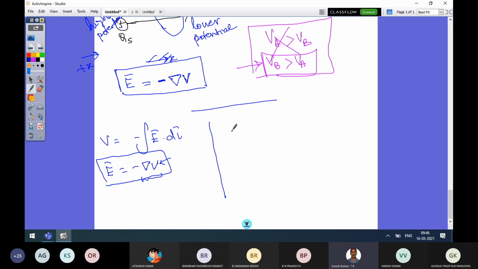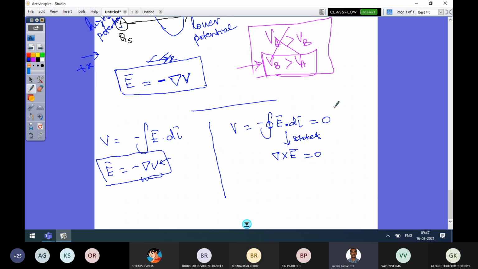Now, as we discussed earlier, if you take a closed path, the total work done will be equal to 0. If you apply Stokes theorem, you will get curl of E vector equal to 0.